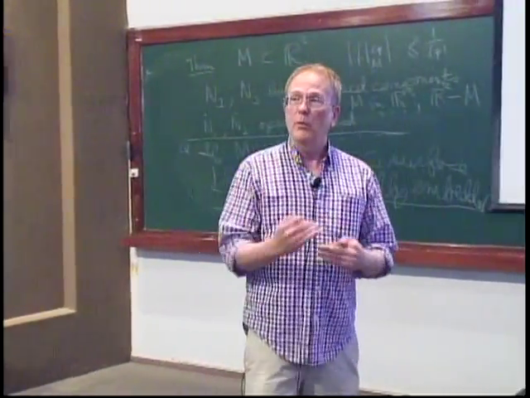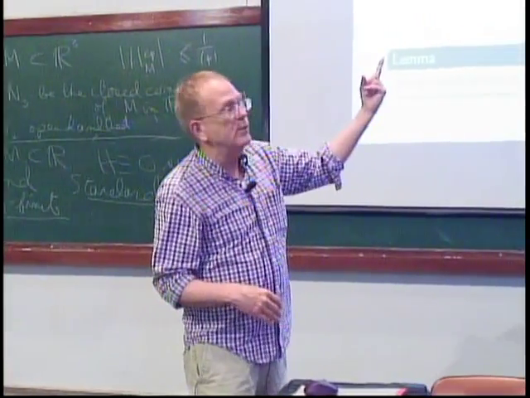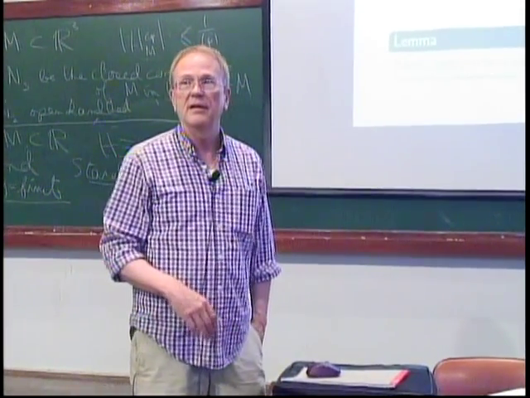Proper in the unit ball means it's not proper in R3, but in any subball of the unit ball, it's compact. It's complete, it's proper in the unit ball. And you can say more things. But the way we do that is we use this decomposition.